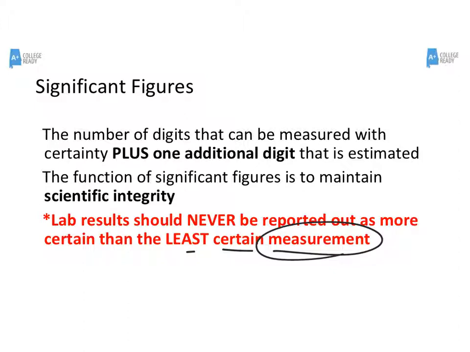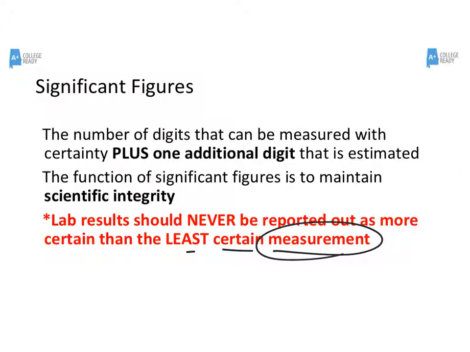When we manipulate our data from the laboratory and put it in a calculator, sometimes we get a long string of digits. If we report out 10, 12 digits, it may appear to people who are reading our work that we actually measured out that far, that we actually had an instrument that measured out that far, when in reality, certainly in high school, we never have an instrument that can measure to that place past the decimal.